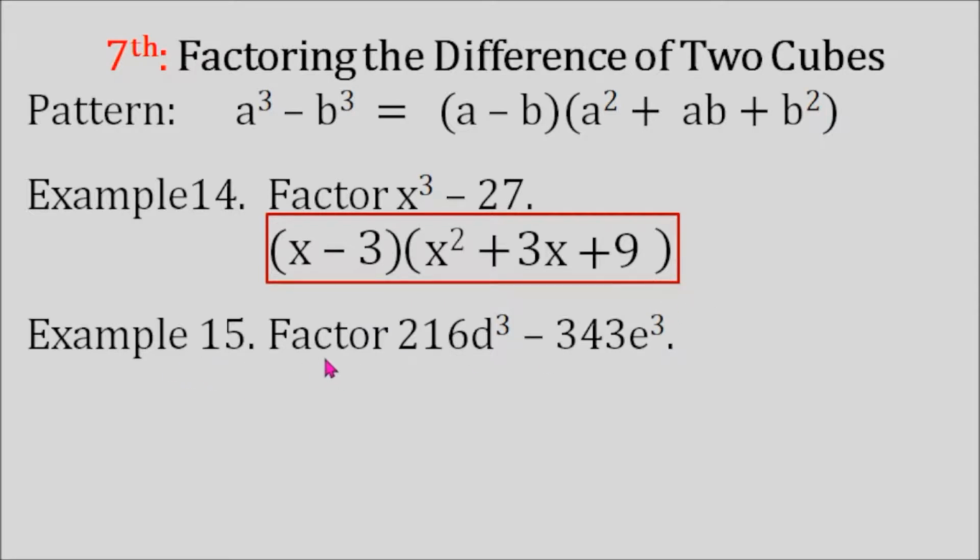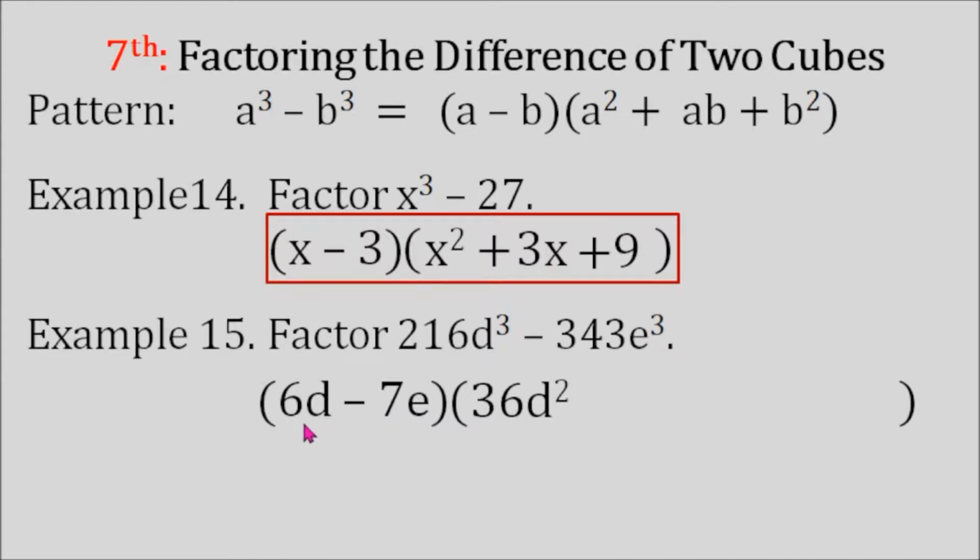Example number 15. Factor 216d cubed minus 343e cubed. The cube root of 216d cubed is 6d, and the cube root of negative 343e cubed is negative 7e. So this is our binomial factor, 6d minus 7e. Now for our trinomial factor, 6d times 6d is 36d squared. 6d times negative 7e is negative 42de.